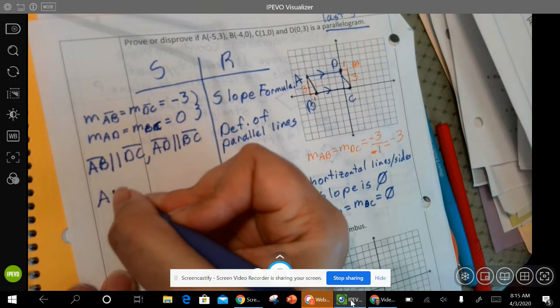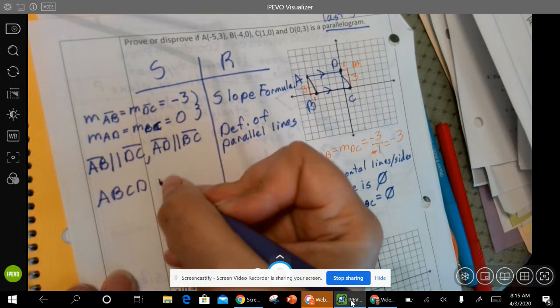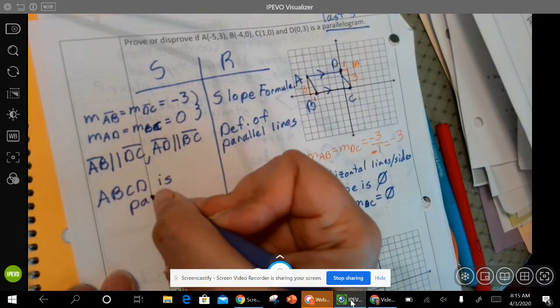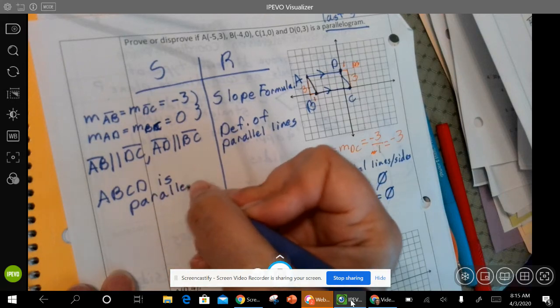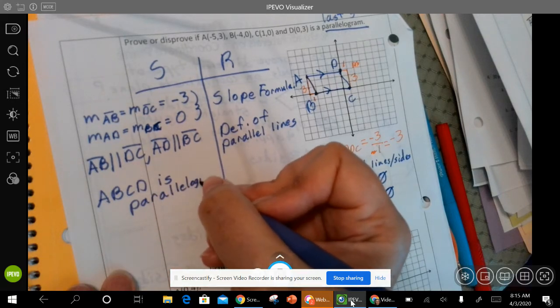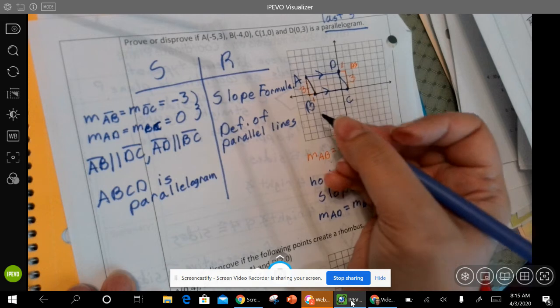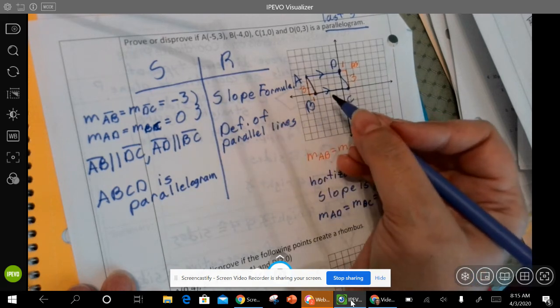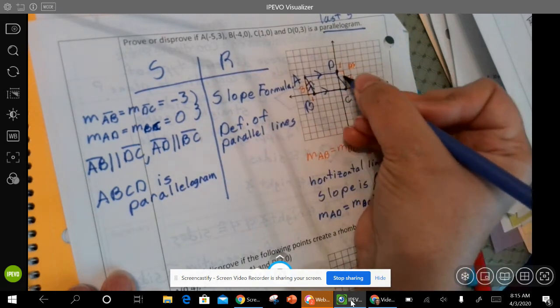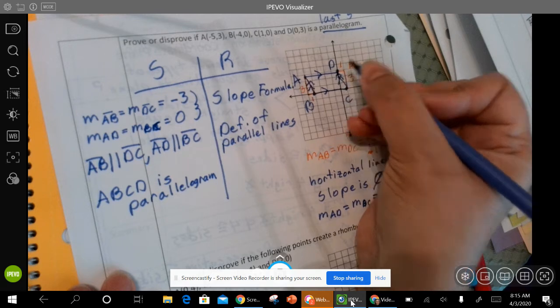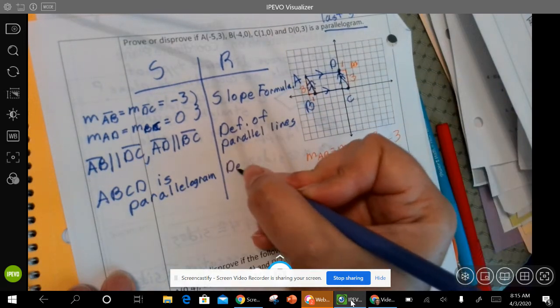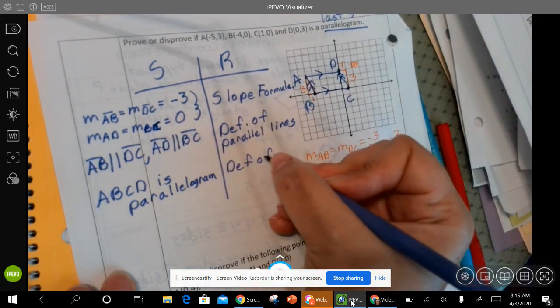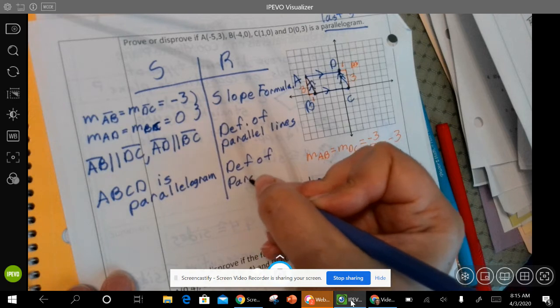So that means ABCD is a parallelogram, by our definition of a parallelogram. In a parallelogram, opposite sides are parallel. So you see this? We proved the opposite sides were parallel, so it is a parallelogram.